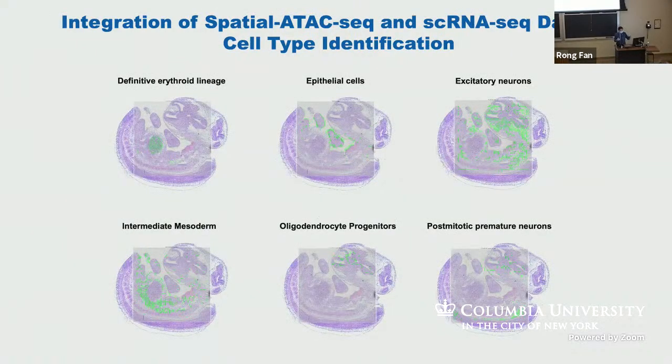But keep in mind, what you are seeing here is not expression, but the chromatin accessibility state. What I'm showing here, for example, the red blood cells, they're enriched in the liver. That makes perfect sense because at this stage, actually liver is the major hematopoiesis organ, not the bone marrow.